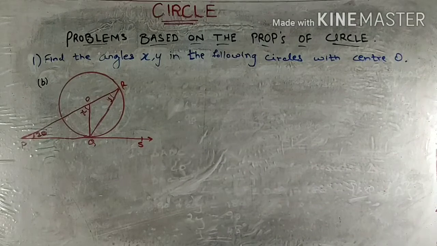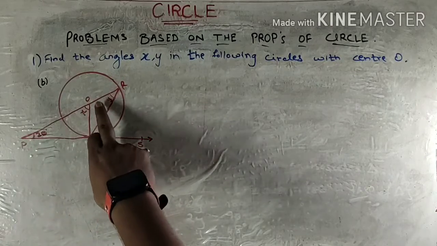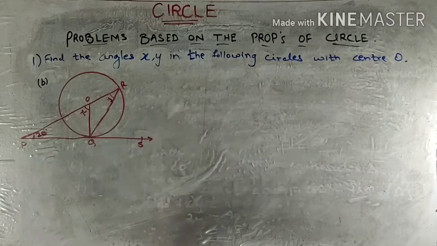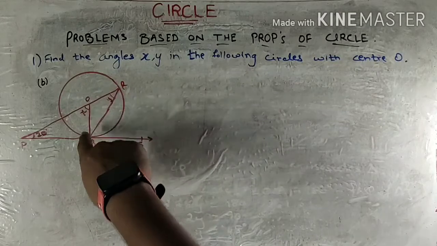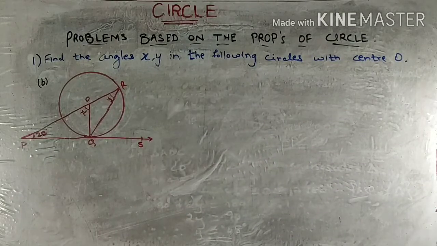My first step will be moving from this corner, and let's see how I will be able to find X. From our first property, the tangent and radius, there are two things given over here. So the radius at the point of contact to the tangent is perpendicular to the tangent.